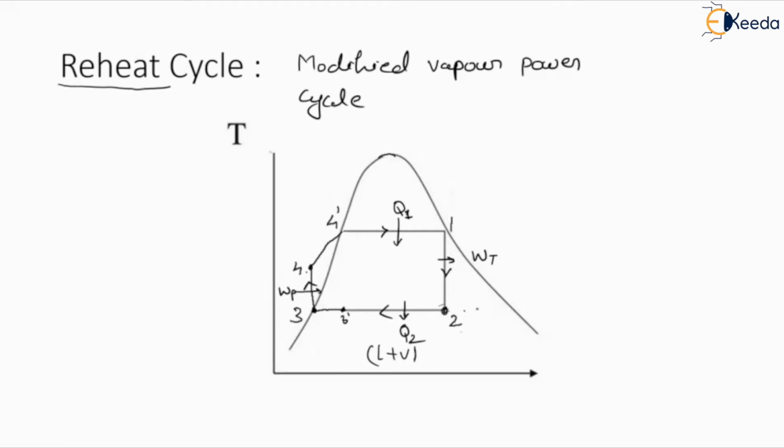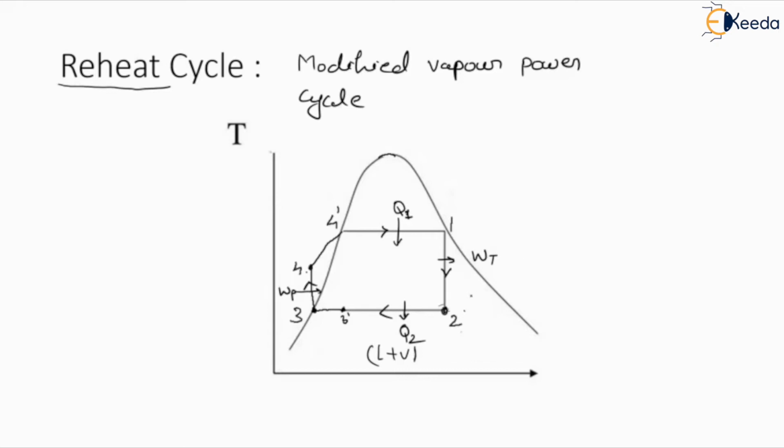The first disadvantage is that it can corrode the blade, or the part where we are transferring. One more disadvantage is that it can leave scale or solid particles behind, which are difficult to remove from this part. To overcome this problem, we will reduce the moisture content after expansion.